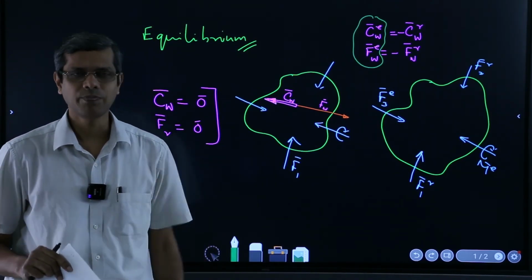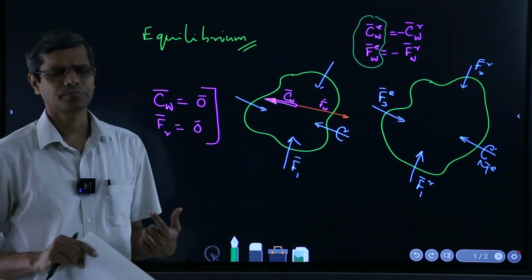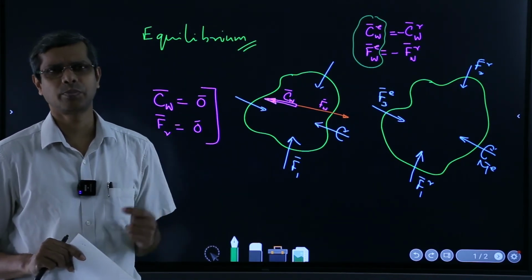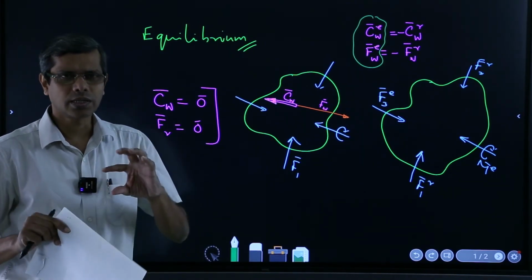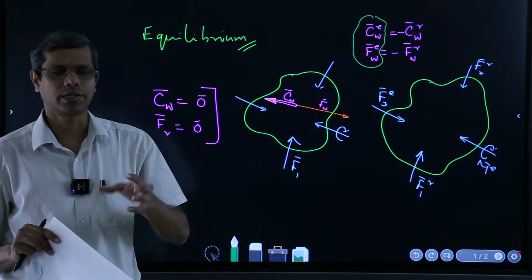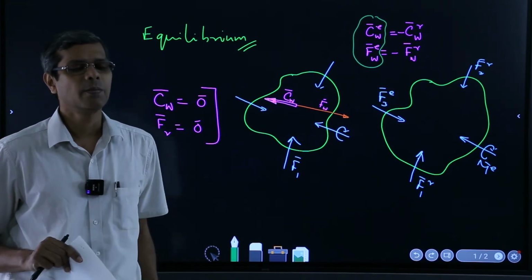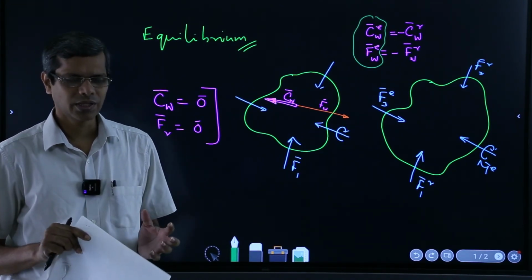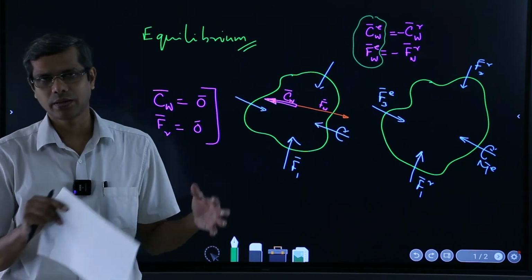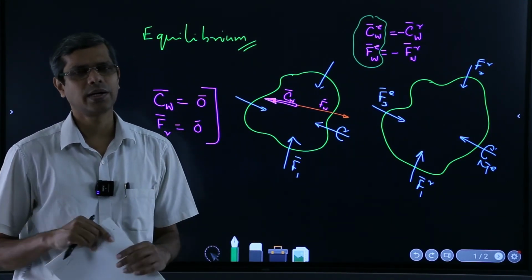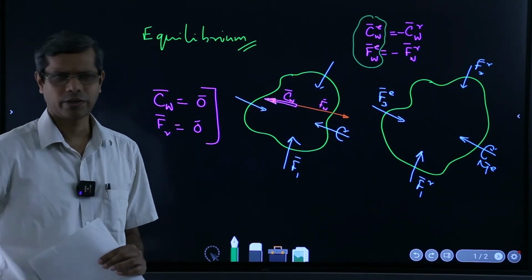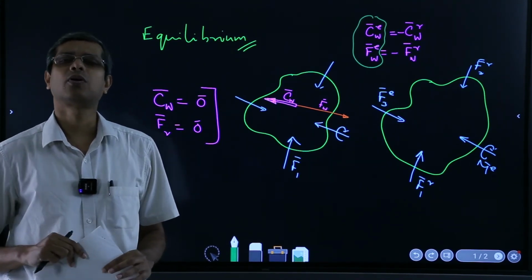This is test number 1. Then test number 2 is you pick any point in space, and about that point the total turning effect due to all the forces should be same in system A and system B. If these two conditions are satisfied, those systems will be called equivalent.